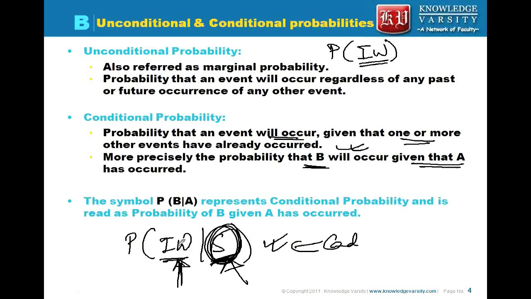Given A has already occurred, the probability that B will occur is denoted P(B|A), and is read as probability of B given A. Probability of India winning given Sachin has played. This is your conditional probability.